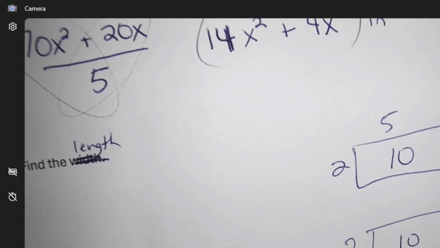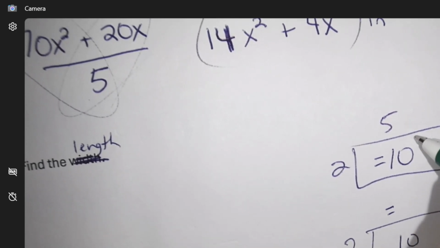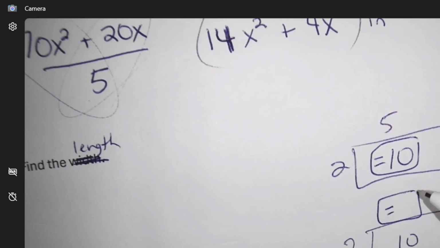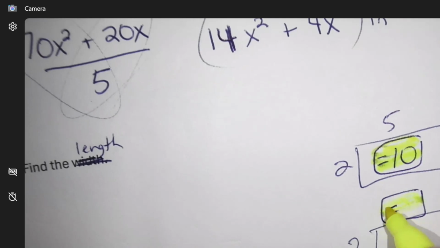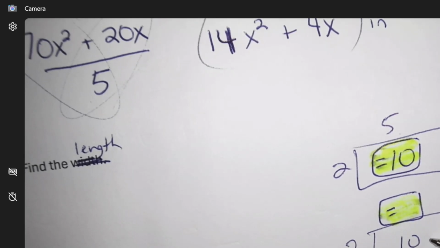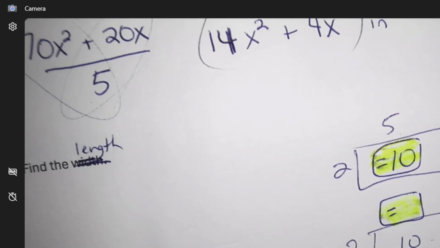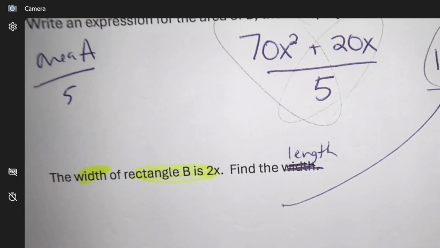Do you see it? Okay, does this make sense? You're working backwards. If I give you the sides, you times to get the area. If I give you the area, you divide to get the sides. Okay, you're working backwards.